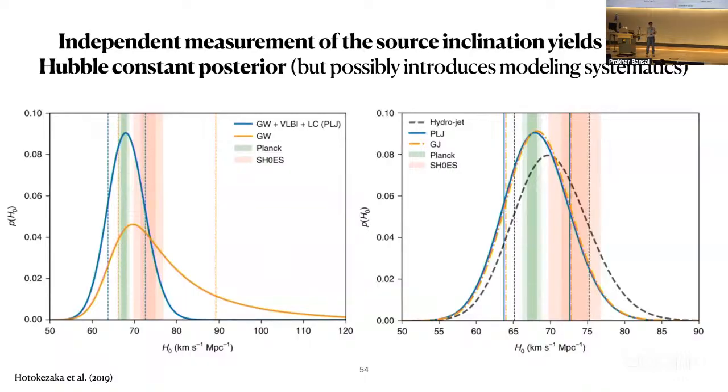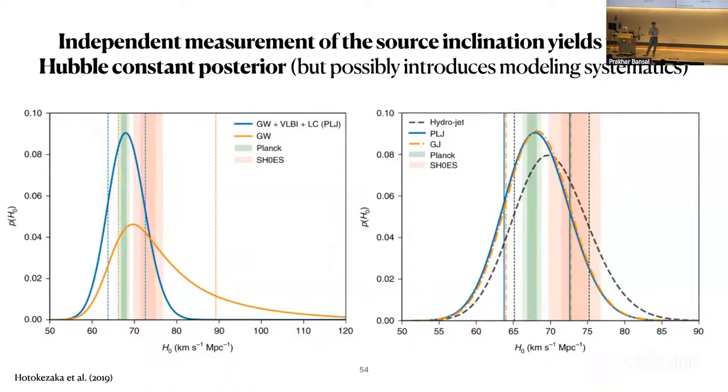A few papers did this, but maybe the most recent one was a paper from 2019 by Hotokezaka et al., where they had really late radio observations of the jet, the gamma ray burst jet that was associated with this event.